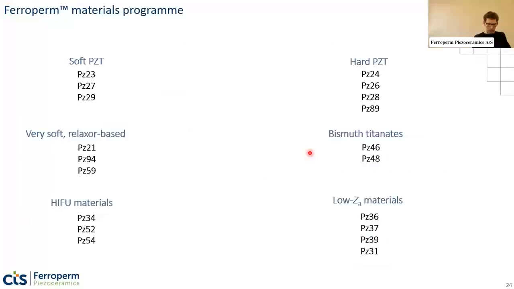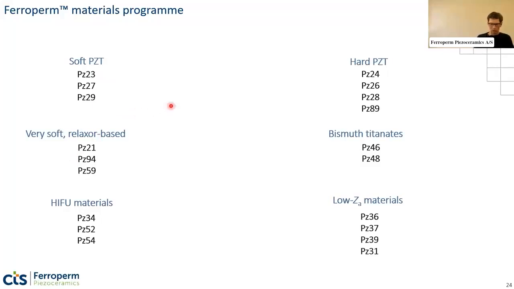Okay, I'll move on now, and just show you an overview of all the different materials, and you have the explanation for the large number of materials. If you consider the slide before that, you may want different combinations of, let's say, soft or hard properties, and you may need something which is normally soft, or it could also be something which is very soft with, for example, a very high permittivity.